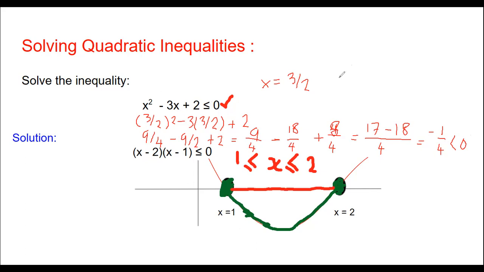You can try other values. You can maybe even try x equal to any number between 1 and 2, like maybe x equal to 1.75. Substitute 1.75 into this expression and you should get an answer that's negative.